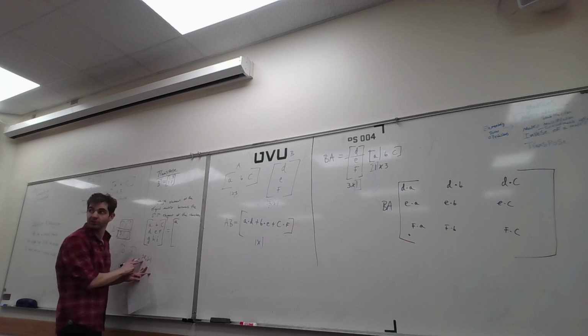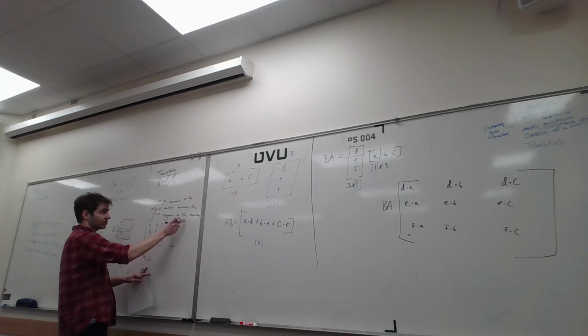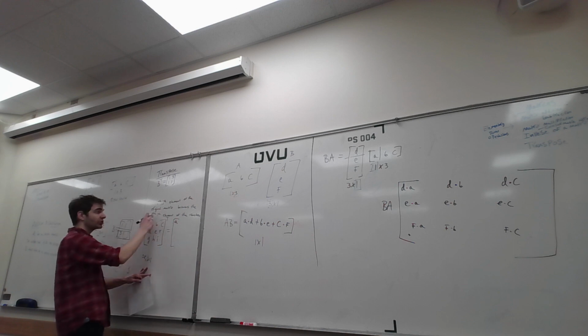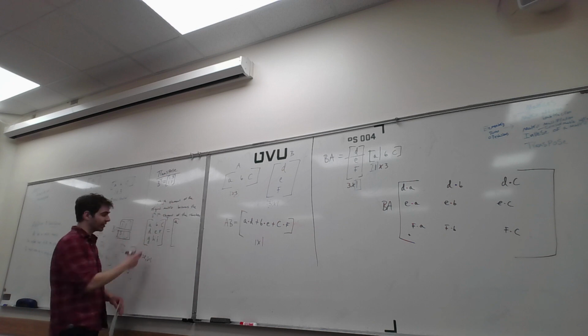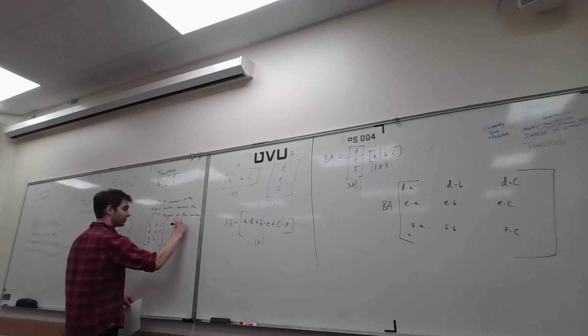Does that make sense? Here, J is indexing the rows, I is indexing the columns. In the original, I was indexing the rows and J was indexing the columns. So this element goes here.